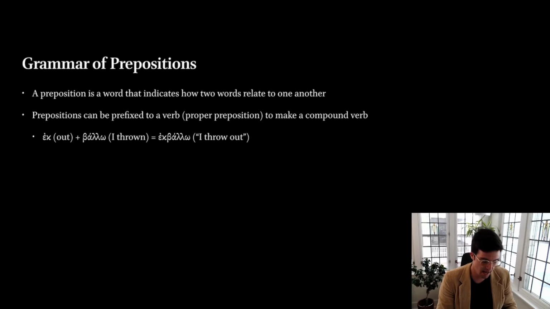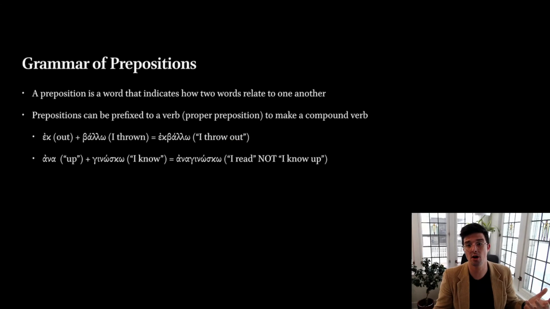You can take a small word like ek, which means out, and a verb like balo, which means I throw, and add them together to make ekbalo, I throw out. By preposing it to the beginning of the verb, you make a new verb that carries the connotation of the preposition meaning out. When you add out to throw, you get I throw out.